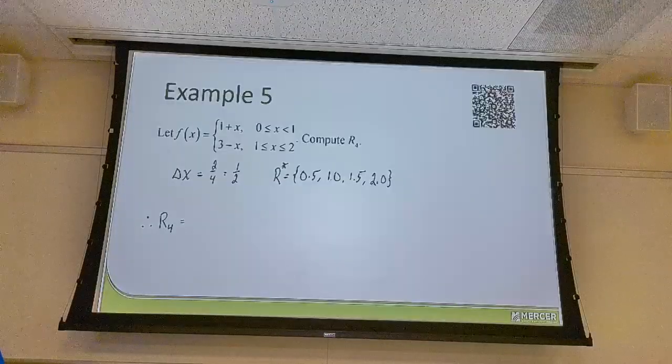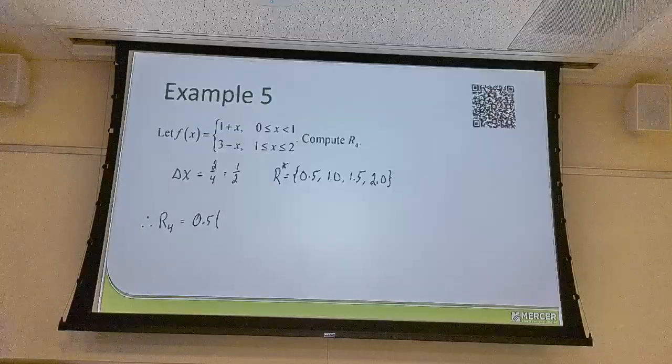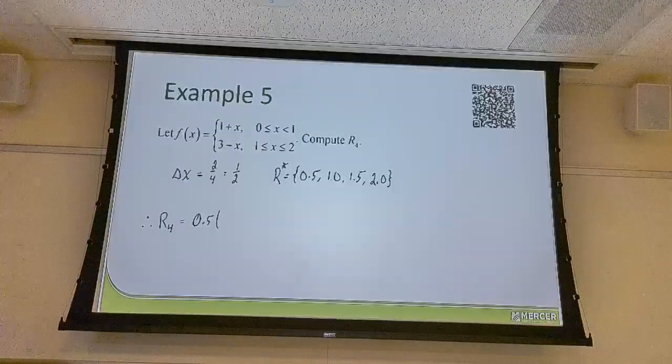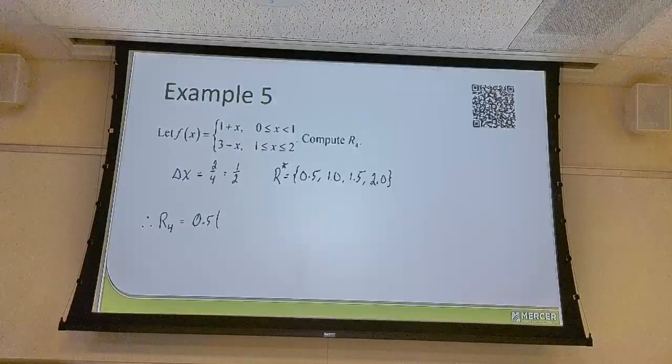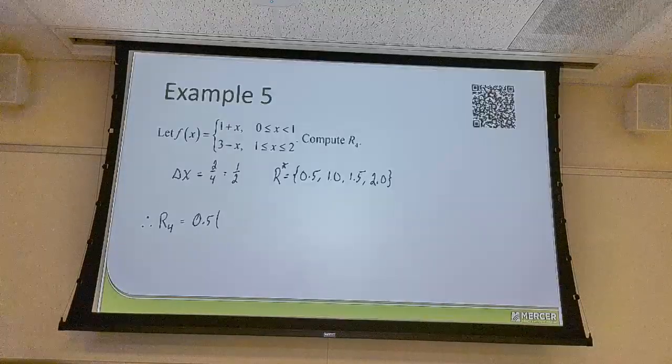R4 would then equal 0.5 times f of 0.5 plus f of 1 plus f of 1.5 plus f of 2, right?